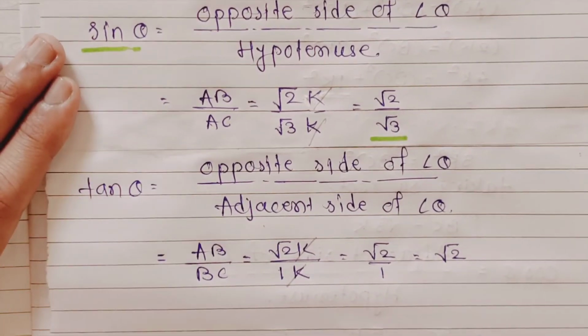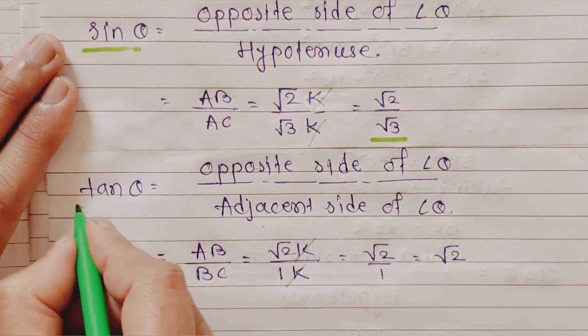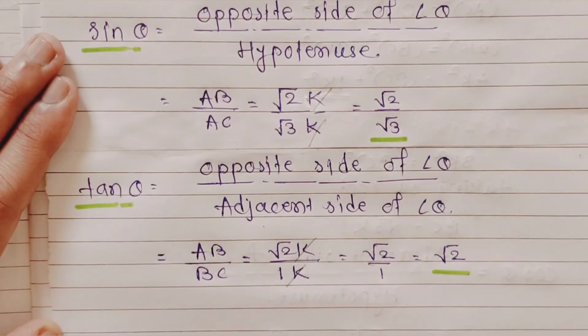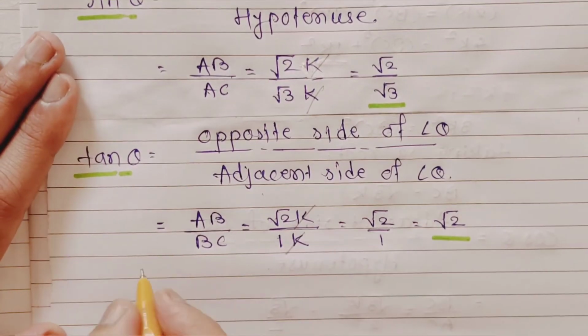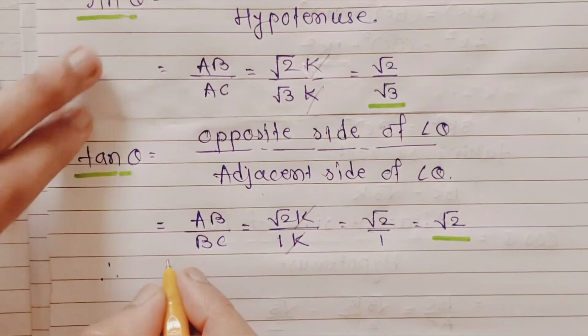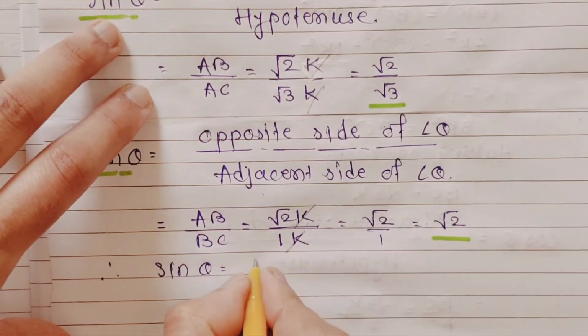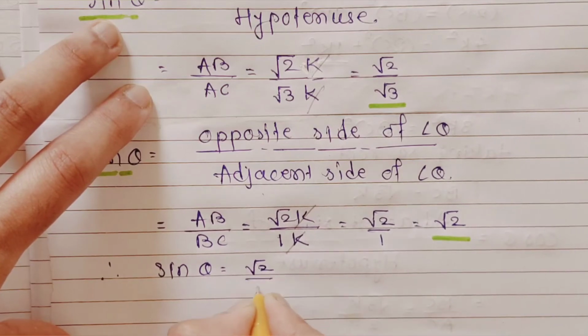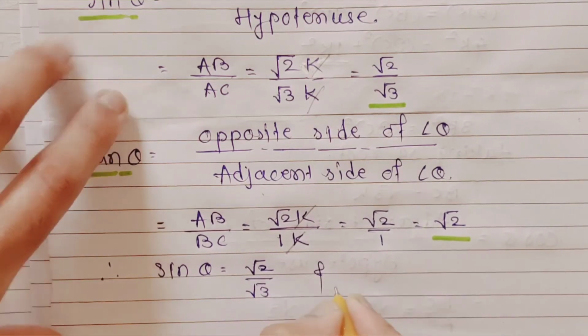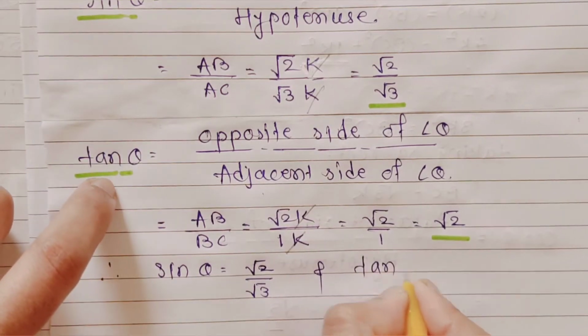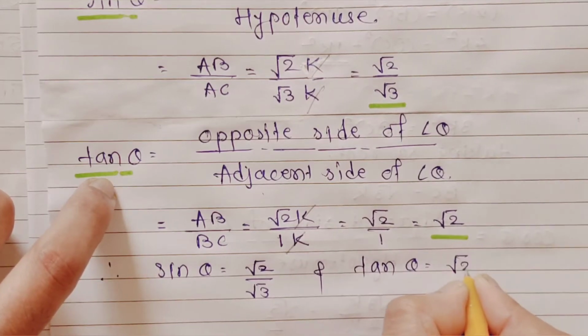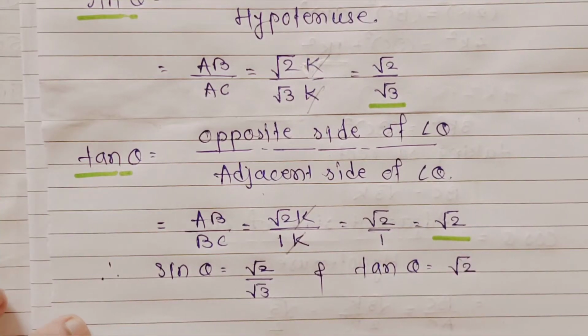Is it clear? It is nothing but tan theta. So therefore we can write sin theta is equal to root 2 upon root 3 and tan theta is equal to root 2. Is it clear? It is our answer.